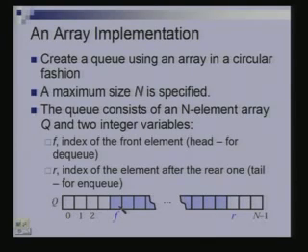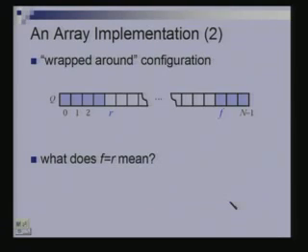Because we said front refers to the first element of the queue. There is nothing in the queue, so F should be -1. And rear refers to 0, right? Because rear always refers to an empty location.